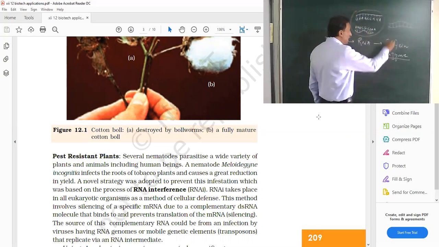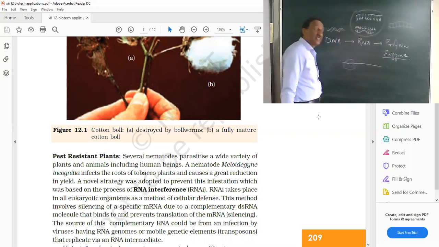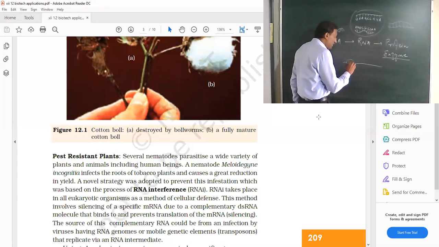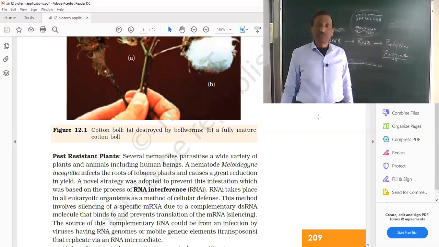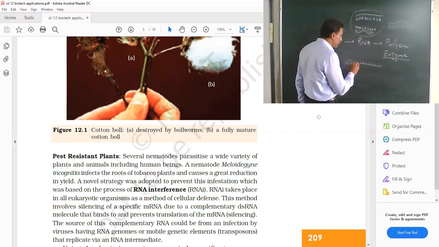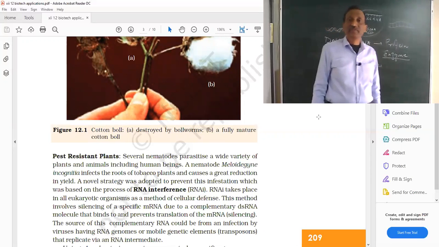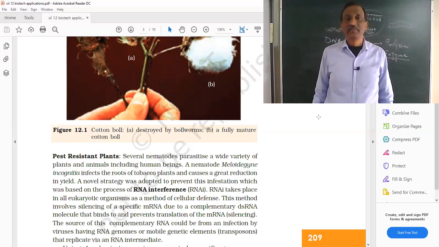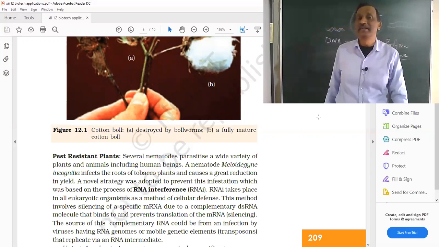Because for RNA to work, it has to combine with the ribosome, and on the ribosome, the exposed nitrogen bases are read in the form of codons, in sets of three. Okay? Now since there is nothing to be exposed, and when there is nothing exposed, how can it function? So this particular strategy is used for RNA interference.